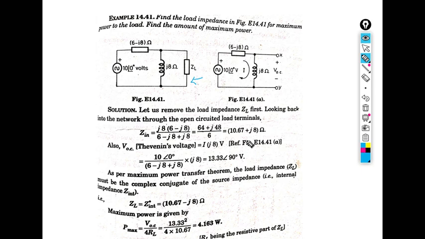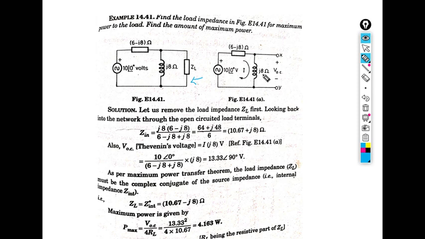Next is to find out VOC. We can find the current flowing through this path and the current into this inductor. Though we know that a pure inductor is not practically possible, some resistance is present.